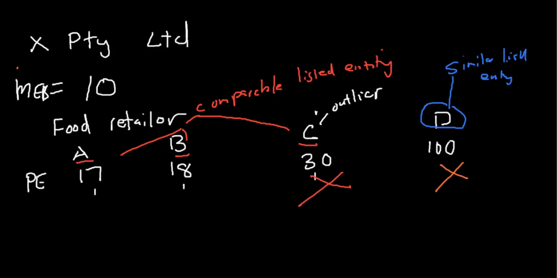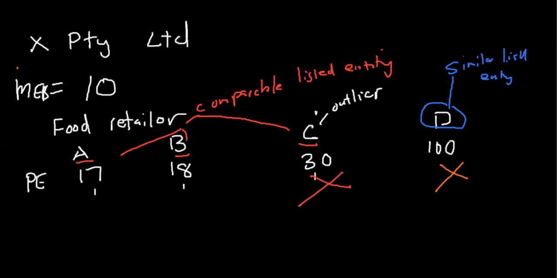So that's the second exam technique that you must pick up. When you're determining your multiple for the purpose of valuing an unlisted entity, always remove outliers. Now, outliers can come in various forms. It can be entities, for example, that have negative price ratios or negative EBITDA ratios, or it could be entities that have ratios or multiples that tend to be out of sync with other entities in that industry. So in this case, C has an abnormally high PE ratio, so therefore it's an outlier.